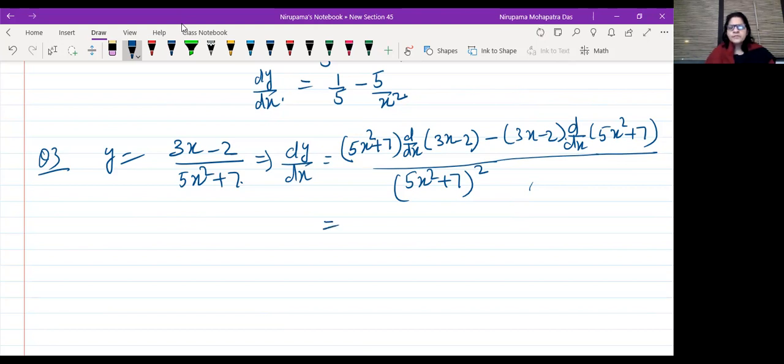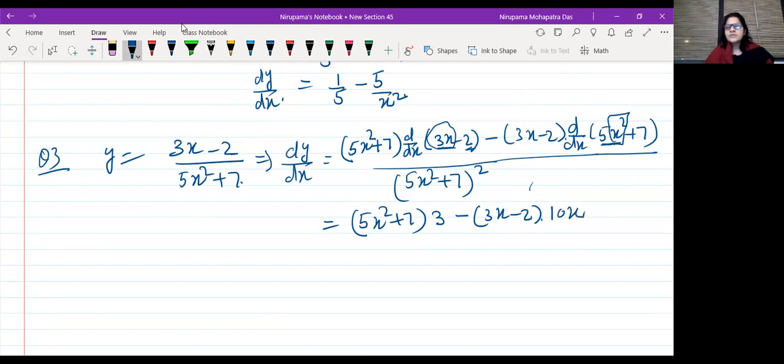So here you have 5x square plus 7 into the derivative of 3x minus 2. Derivative of 3x is 3 into d by dx of x, which is 1, so you get 3, and derivative of 2 is 0. It means you get 3, minus your 3x minus 2 into d by dx of 5x square plus 7. 5 into d by dx of x square is 2 into x to the power 1, so 5 into 2x, which is 10x.